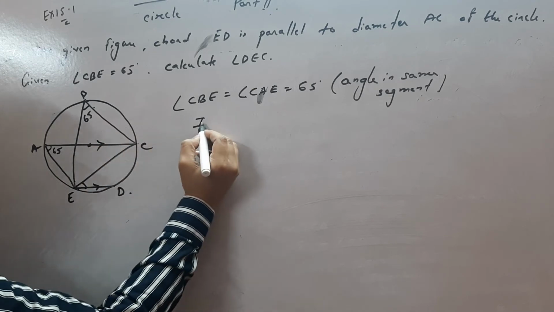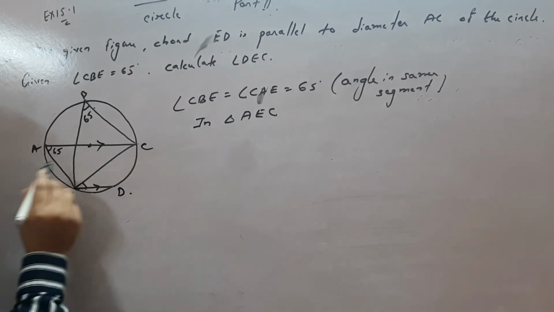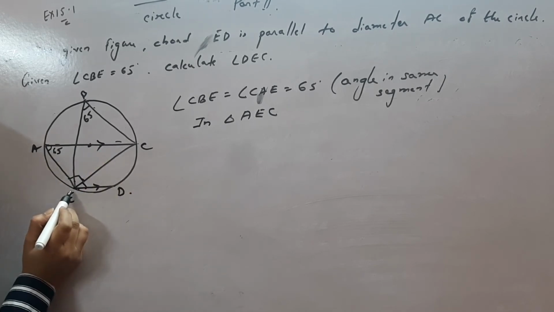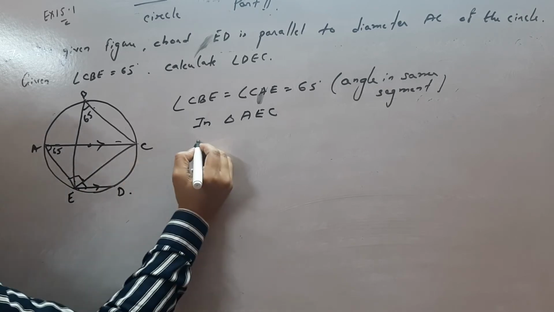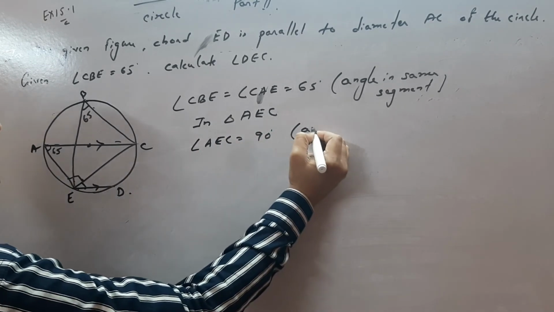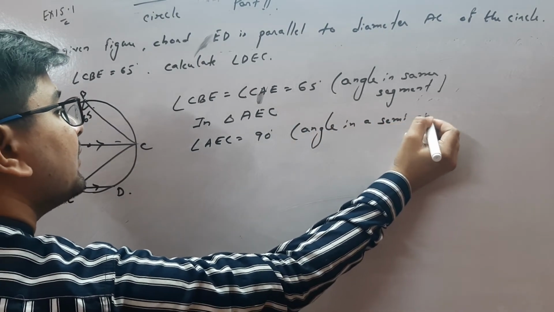Okay, so in triangle AEC, this angle is 65, and this one is 90 because AC is the diameter, so angle in a semicircle is 90 degrees. So angle AEC equals 90 degrees. Reason: angle in a semicircle.